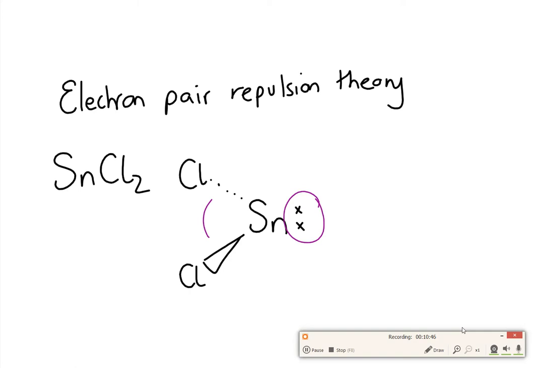In terms of repulsion, bonding pair to bonding pair repel the least. Bonding pairs against lone pairs have a greater repulsion, and if you've got two lone pairs next to each other, they have even greater repulsion from each other. So these shapes that you have in that table are all down to lone pairs and bonding pairs within the molecule.